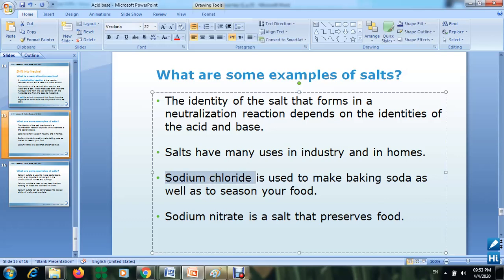Examples: sodium chloride, which we eat to season our food, and also to make baking soda. This first example is important. The second example of salt is sodium nitrate, which is used to preserve food.